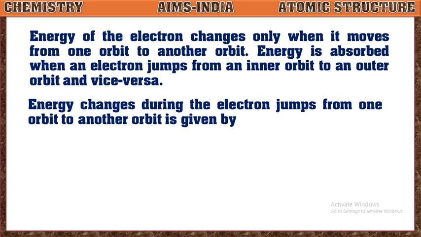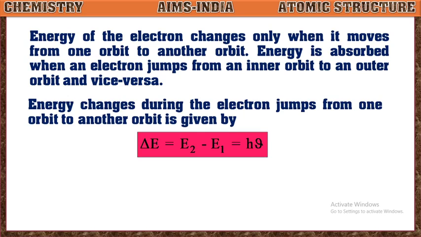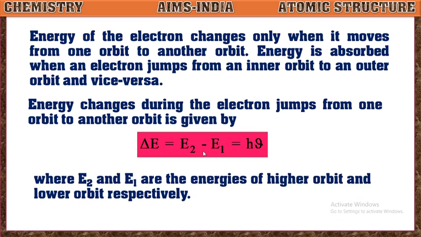The energy change during the electron jump from one orbit to another is given by the equation delta E equals E2 minus E1, which equals h nu, where delta E represents the energy difference, E2 and E1 are the energies of the higher orbit and lower orbit respectively, h is a constant called Planck's constant, and nu is the frequency of the radiation or energy emitted.